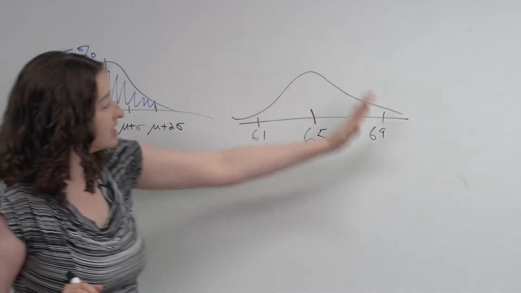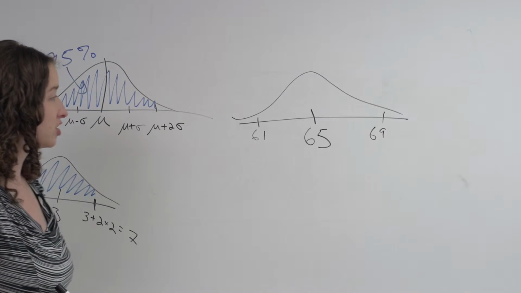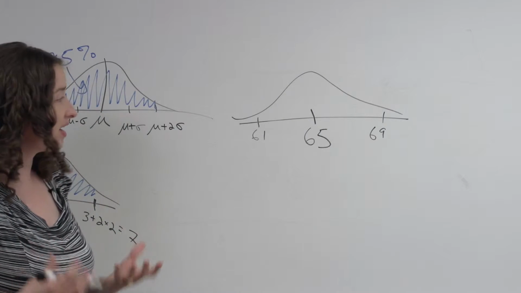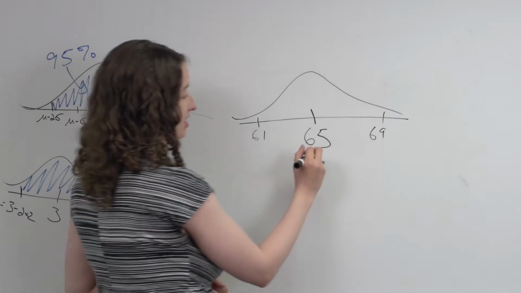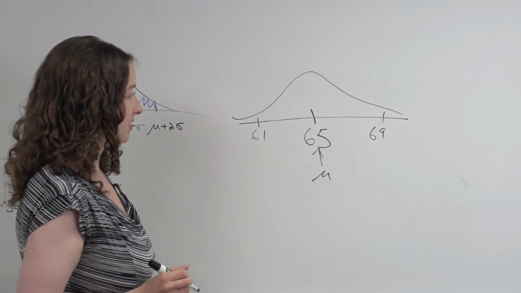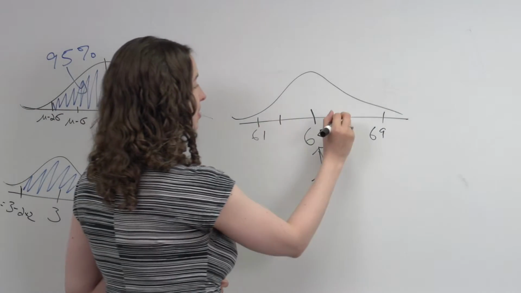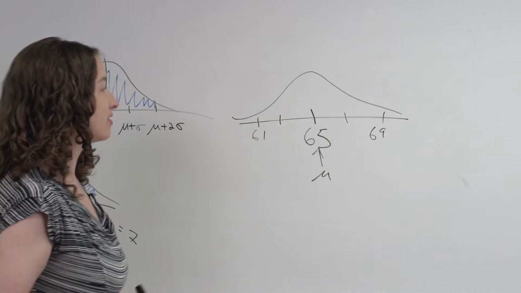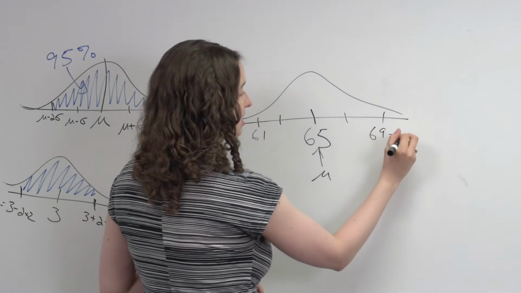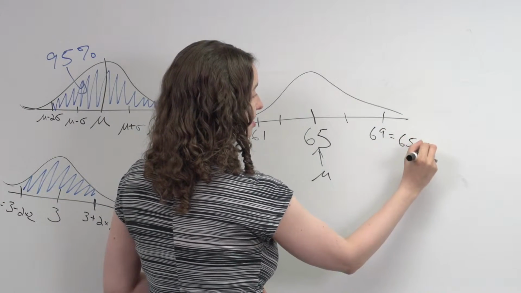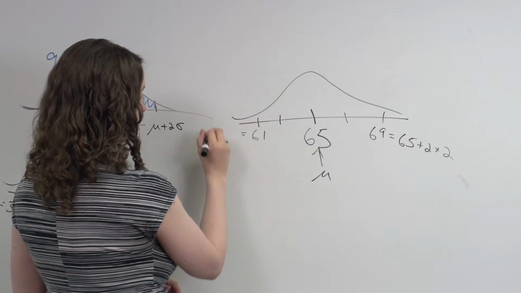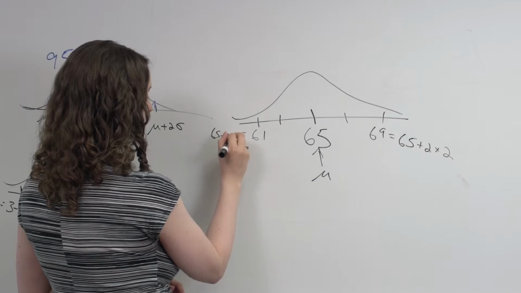Based on this guess that 95% of the time women's heights are between 61 and 69 inches, I've guessed the variance. There's an implicit guess of the variance in there. This is mu. I've guessed that the mean is 65, but remember that 95% of the time the values are going to fall within plus or minus 2 standard deviations. 69 is equal to 65 plus 2 times 2. 61 is equal to 65 minus 2 times 2.